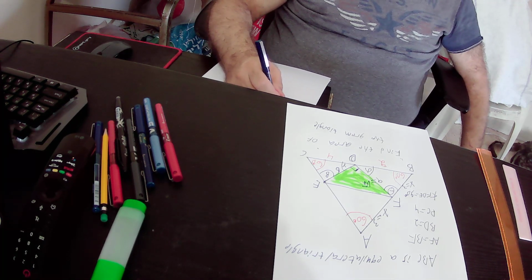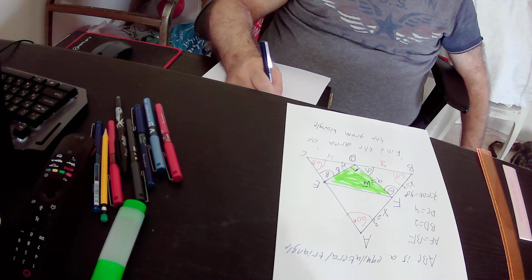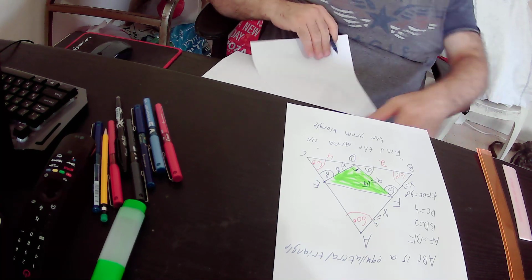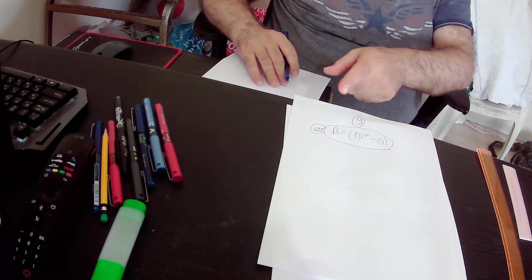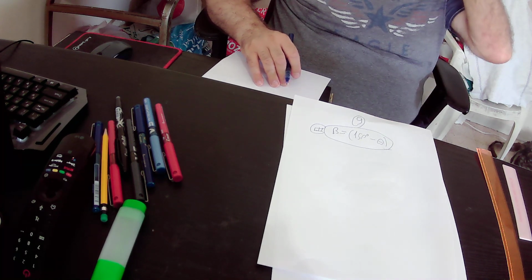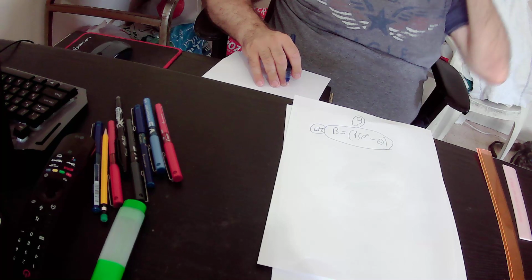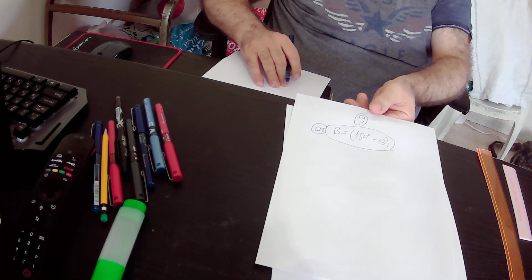This is from our previous question, where we found out that the value of beta is 150 degrees minus theta.